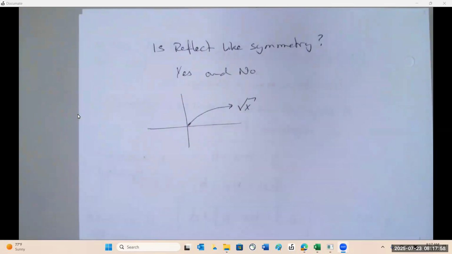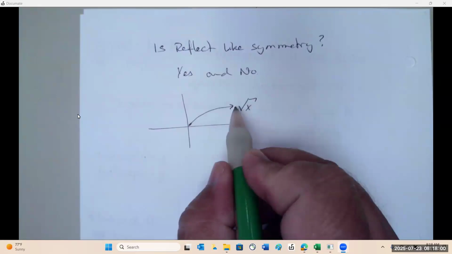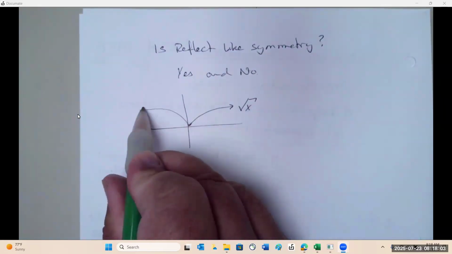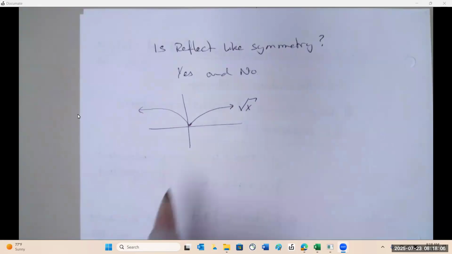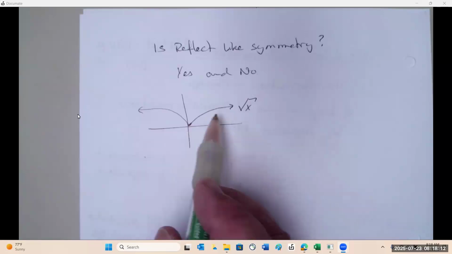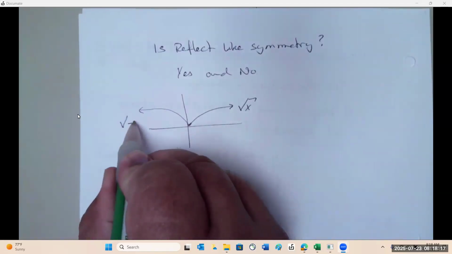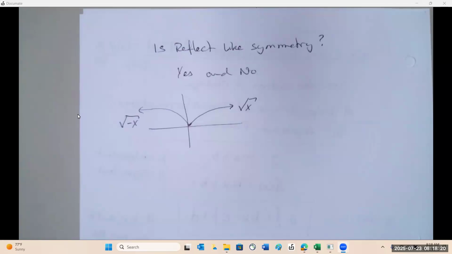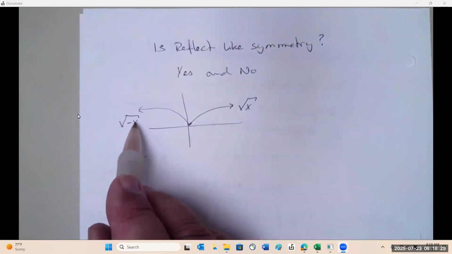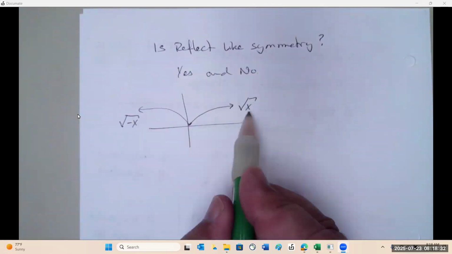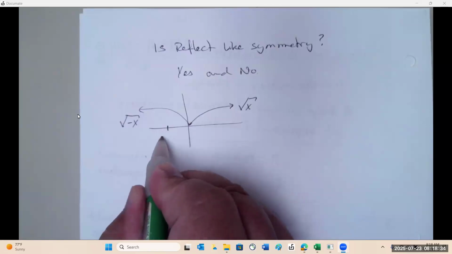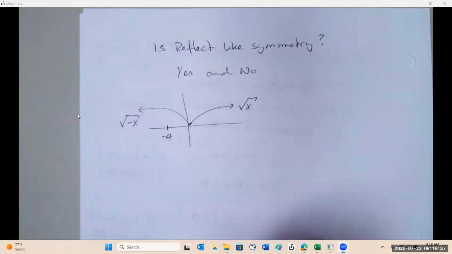What's the reflection for that one? If I reflect it over here, what happened? How do I make it go this way? So what happens to x? X changes sign. Think about it. If it's horizontal, x changes sign, and x is inside the function. It used to be positive. Now think about it: can I take a square root of a negative number?